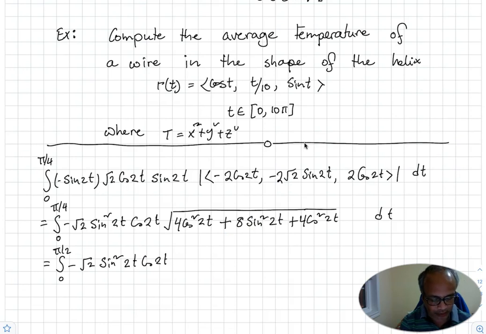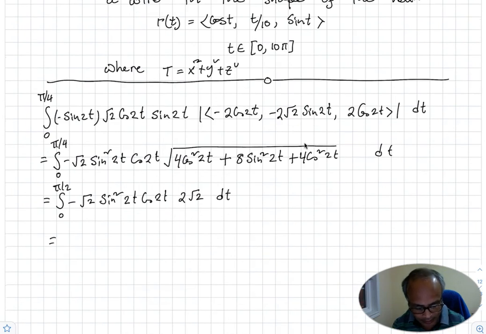So 8 is common, it comes outside the square root, becomes square root of 8 to square root of 2, and inside the square root you have now cos squared 2t plus sin squared 2t, so that is 1. So you don't have to do anything. Then finally the integral is, you can see here square root of 2 times square root of 2, you multiply that, you get negative 4, pi by 4, not pi by 2.